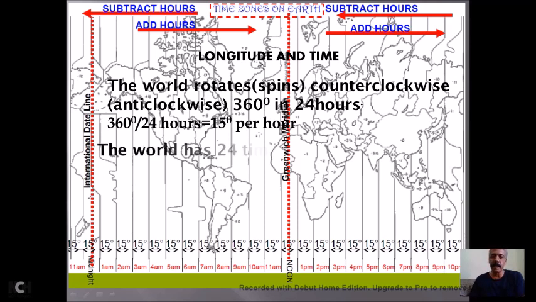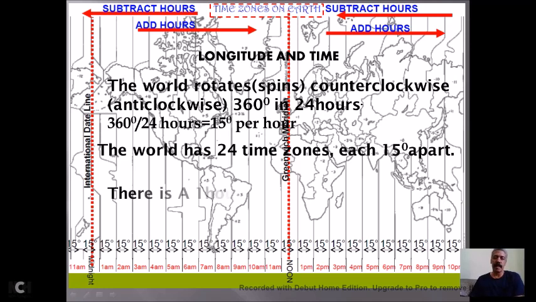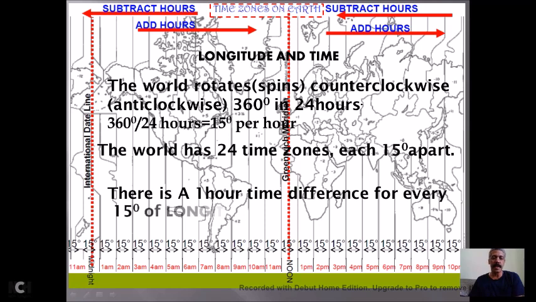Then the world has 24 time zones, each 15 degrees apart. That means, if you see here our lines, you can count how many areas. Here it will be 24 according to 24 hours. Each hour represents 15 degrees. Then there is a 1 hour time difference for every 15 degrees of longitude.